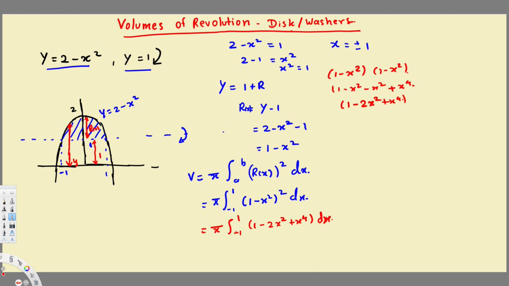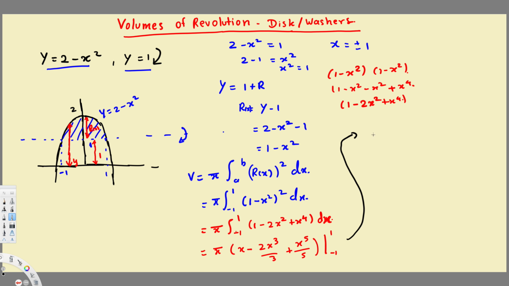Now this is easy to integrate. Let's do the integration. So this is going to be pi times x minus 2x cubed divided by 3 plus x to the power 5 divided by 5, and that's going from minus 1 to 1. So let's substitute the values and see what we get, right? The first thing we are going to do is substitute the 1 here.